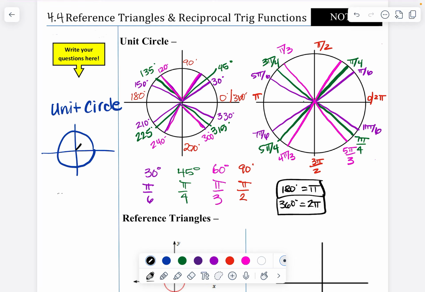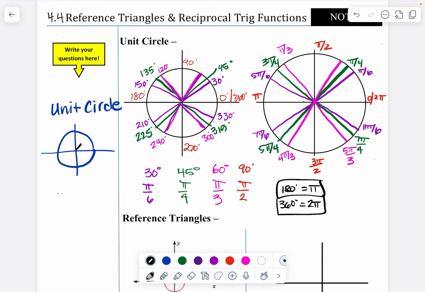So x is the cosine of theta, and y is the sine of theta. This is super important to remember: if we have x comma y, we also have cosine theta comma sine theta. Remember that x and y are alphabetical in order, and so are c and s.